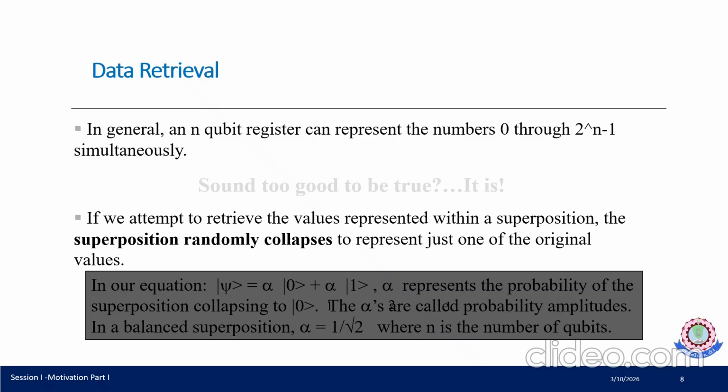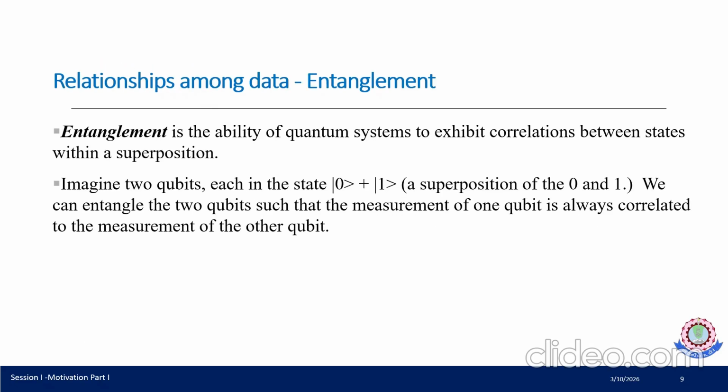In a probabilistic sense, either it is going to reveal tau 0 or it is going to reveal tau 1, where n is the number of qubits. So whenever we intend to retrieve the data, we should expect randomness. Next, the relationship among data, which is called entanglement.